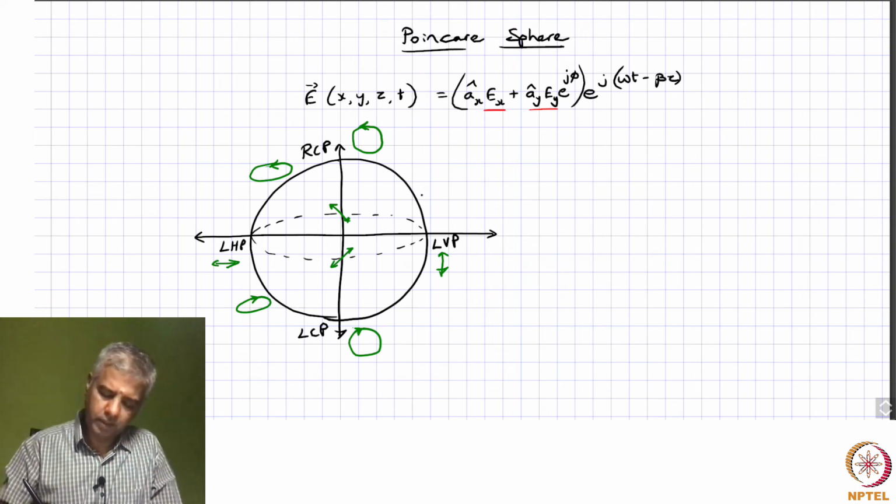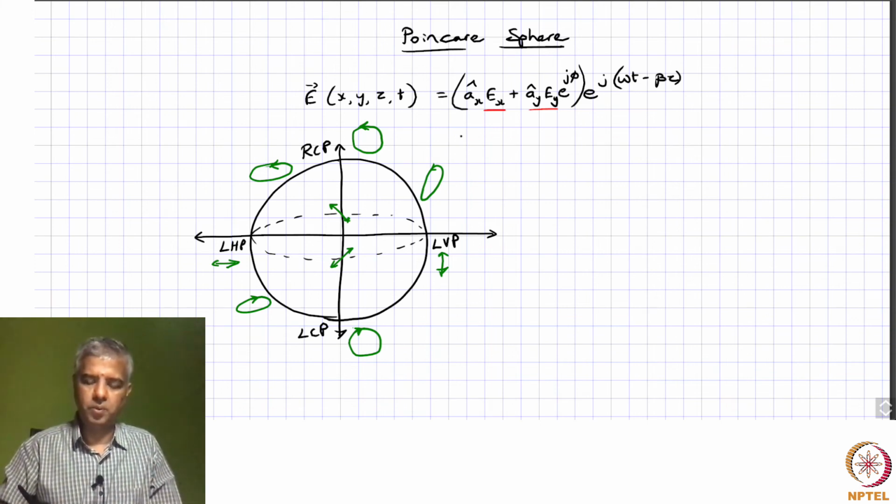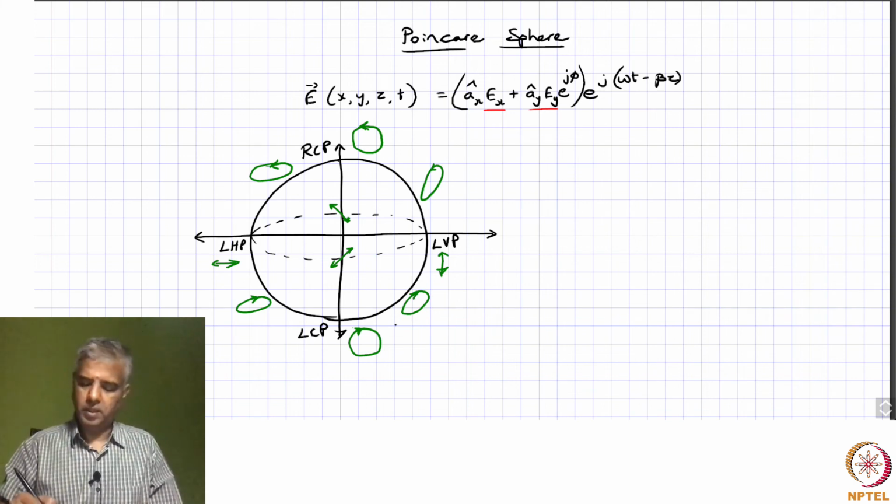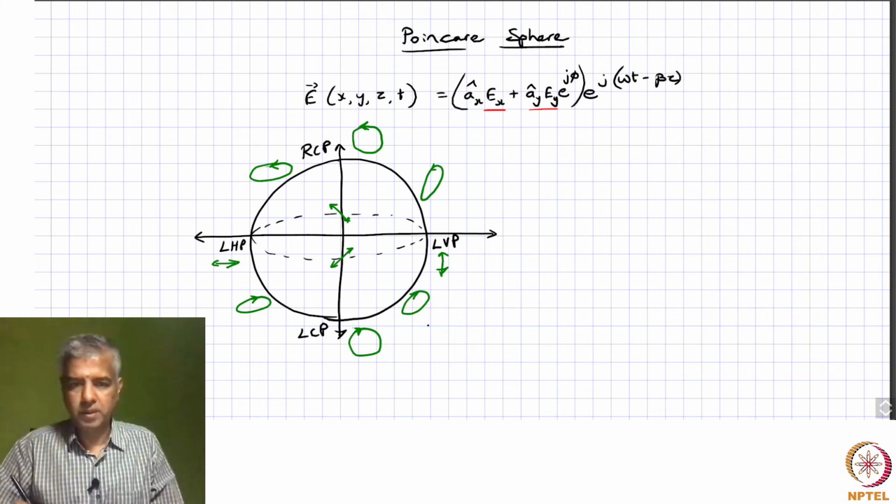So you have an ellipse that looks like this, but the upper hemisphere corresponds to the right circularly polarized state, and the lower hemisphere corresponds to the left circularly polarized state. So you will have the same orientation, but it will be clockwise polarization.